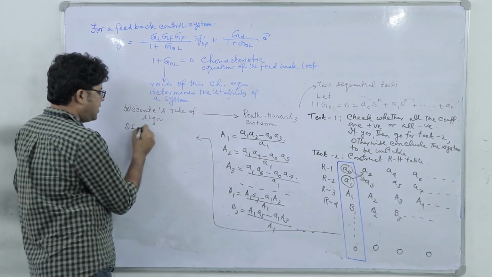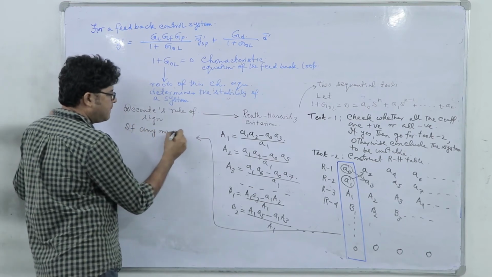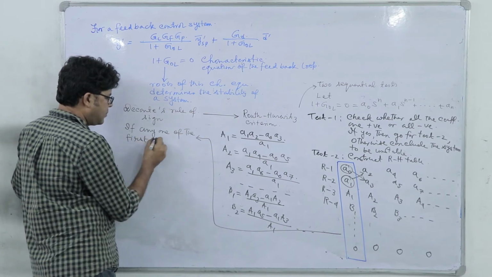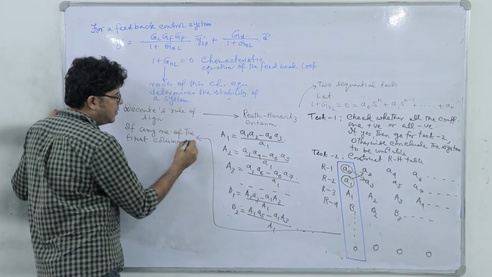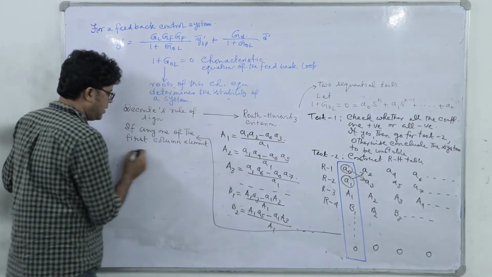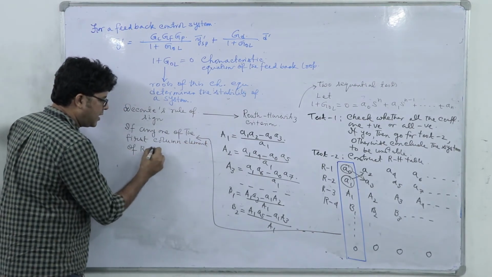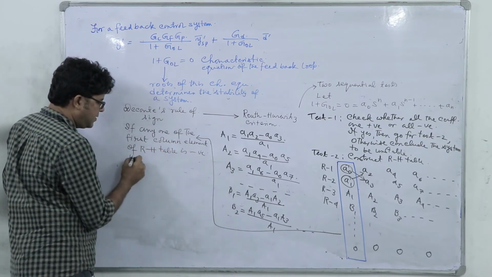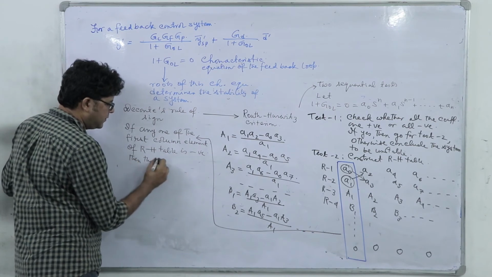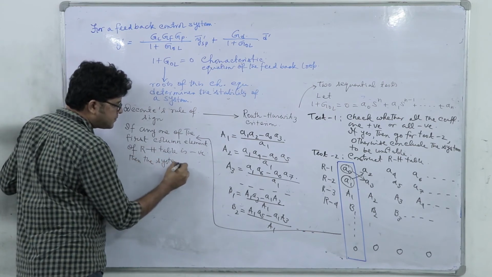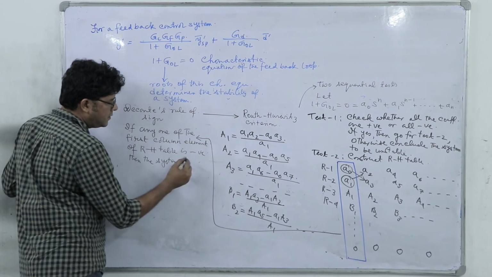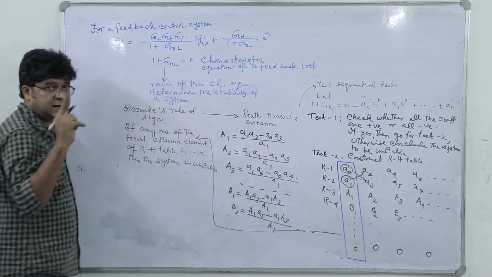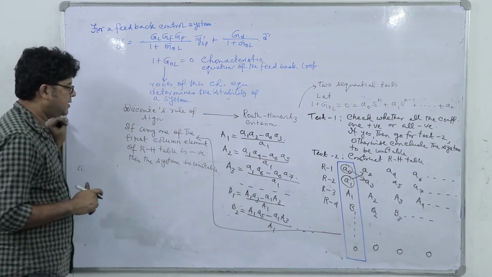If any one of the first column elements of the Routh-Hurwitz table is negative, then the system is unstable. That means there is at least one root with positive real part.